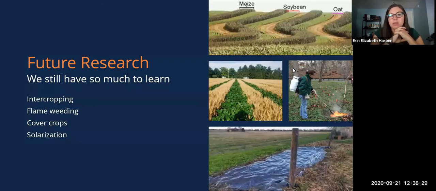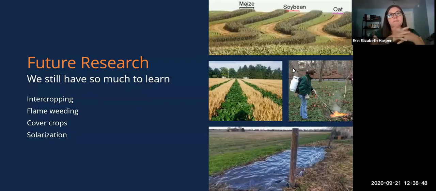There has been some research that looks at not just intercropping, but also a cover crop, a crop following a cover crop. So if you grow clover on the field, how does that impact corn production the next year?